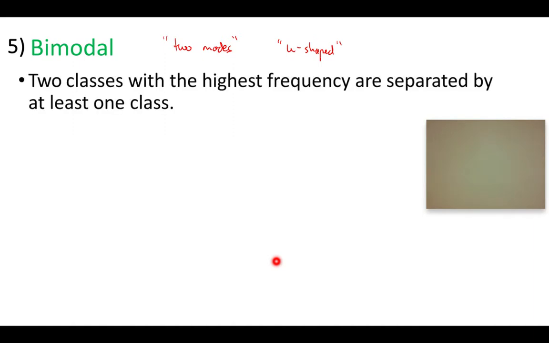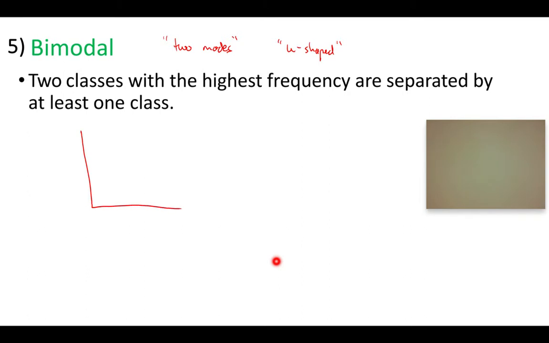And lastly, something called bimodal. Bimodal literally means two modes. Bicycle, two wheels, right? Bimodal is two modes. And this could also be referred to as U-shaped. In a bimodal frequency distribution, there are two classes with the highest frequency, and they have to be separated by at least one class.